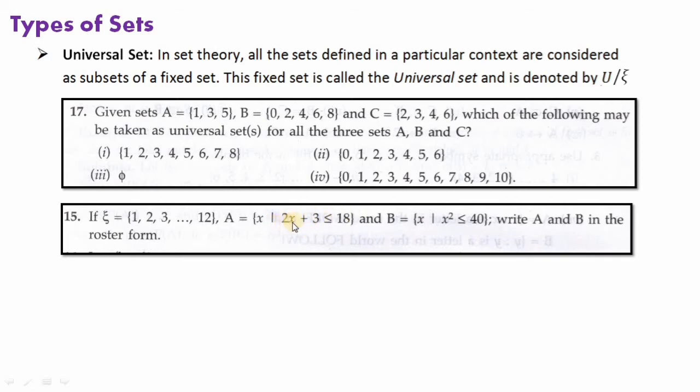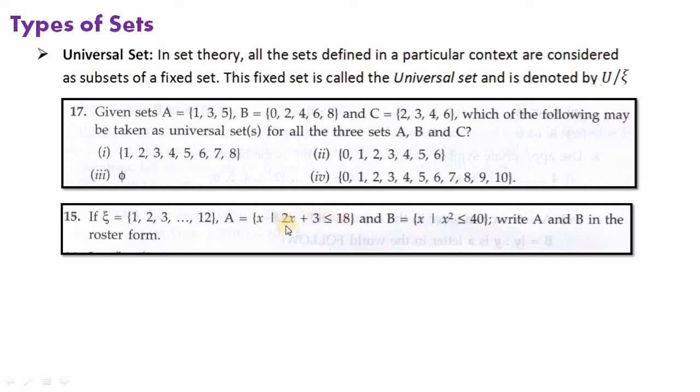So 3: 2 into 3 is 6, plus 3 is 9. Again it comes. So 4: 2 into 4 is 8, plus 3 is 11. 11 also comes here. Now 5: 2 into 5 is 10, plus 3 is 13, also less than 18. So 5 also comes. 6: 2 into 6 is 12, plus 3 is 15. Again it comes.